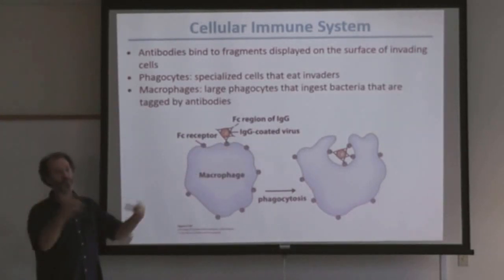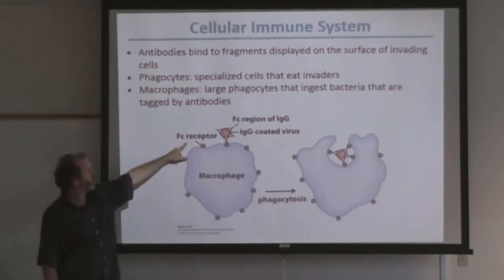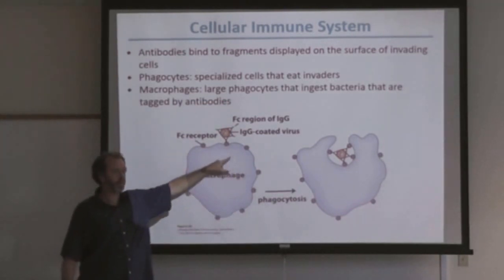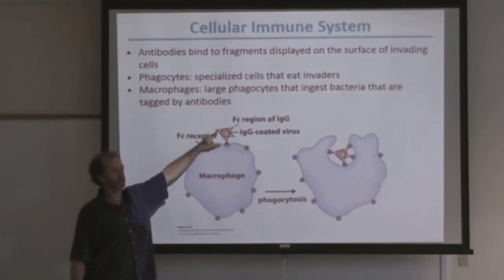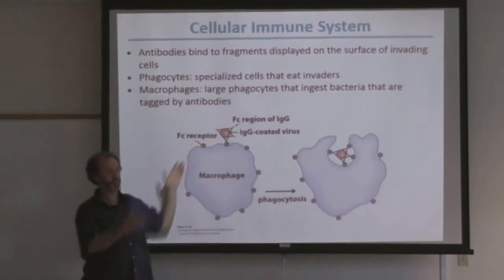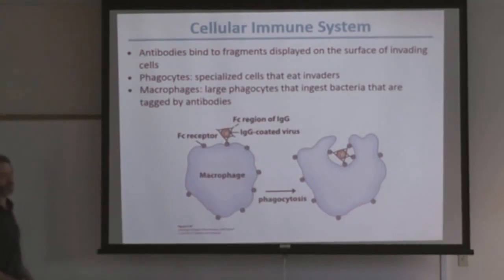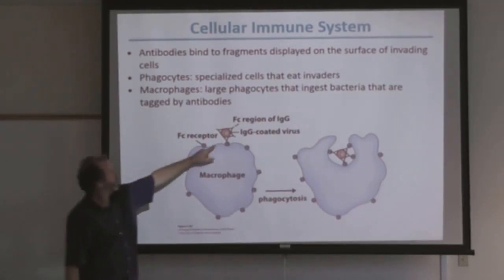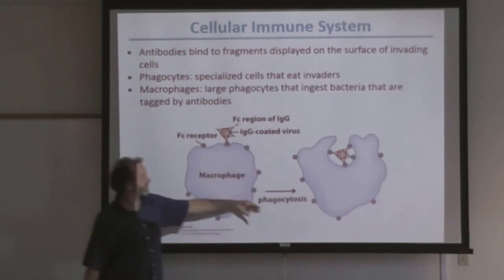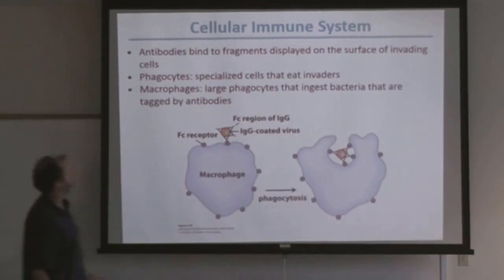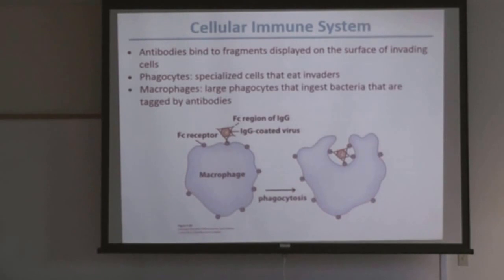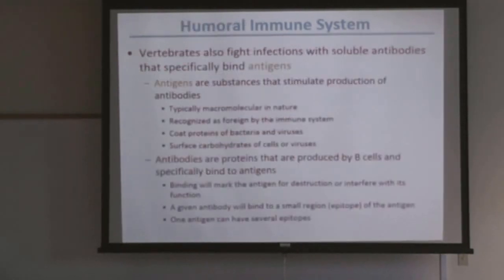A virus gets coated with antibody, and Fc receptors coat macrophages. The Fc, which is the bottom part of the Y on the antibody, will bind to its receptor, causing phagocytosis. The phagocytes ingest and destroy the viruses that way.